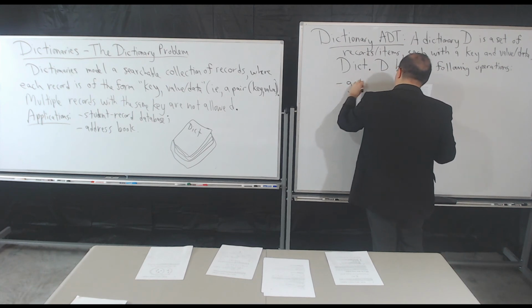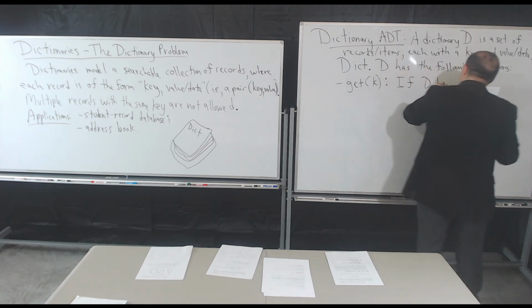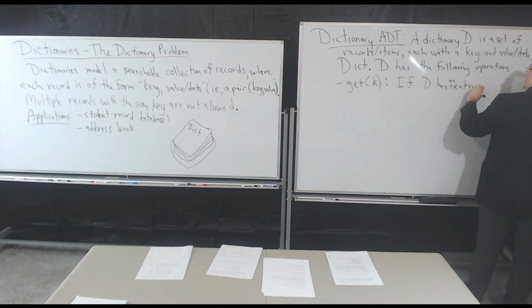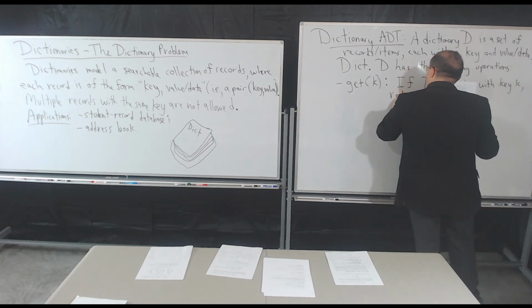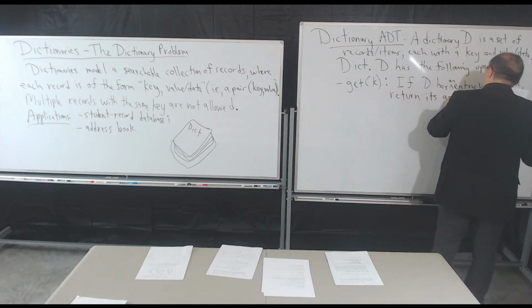So the first one is called get, and it has one parameter, which is going to be the key. If D has an entry with key K, return its associated value.